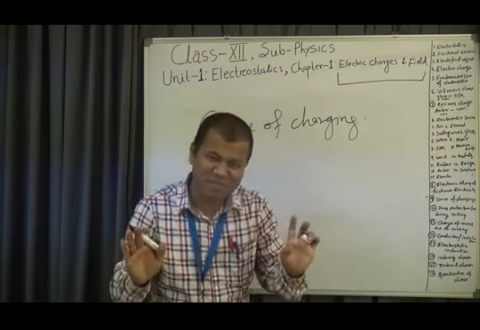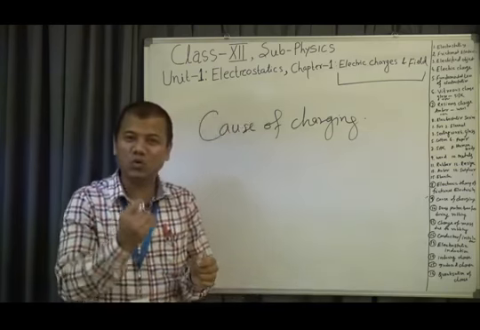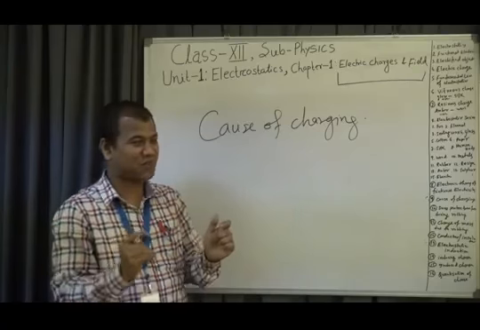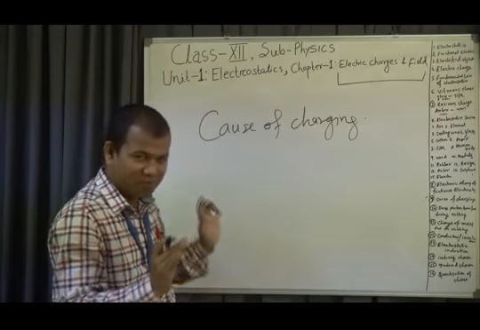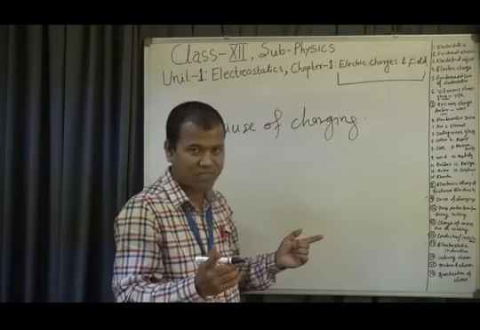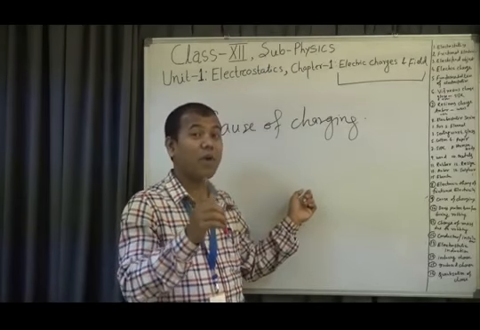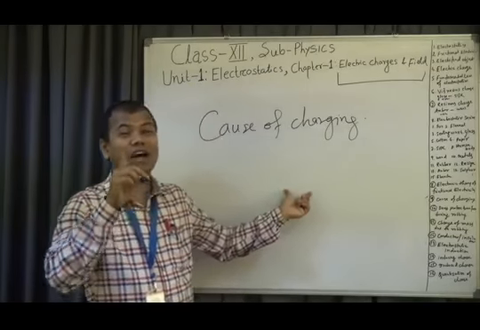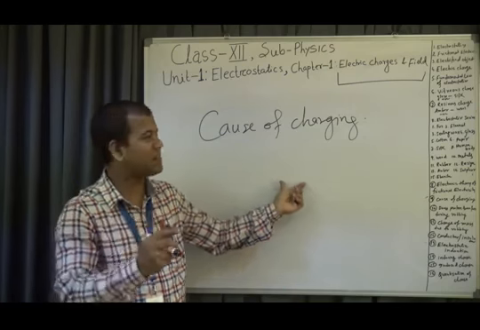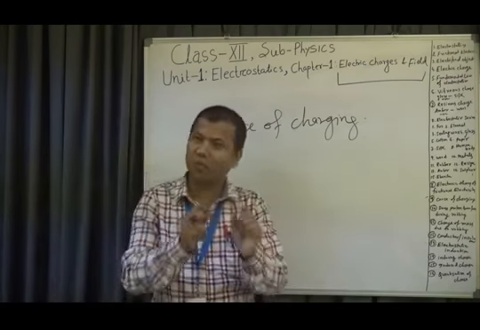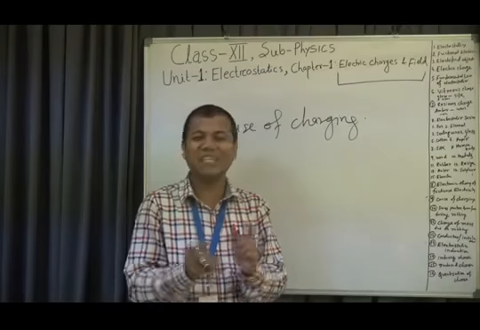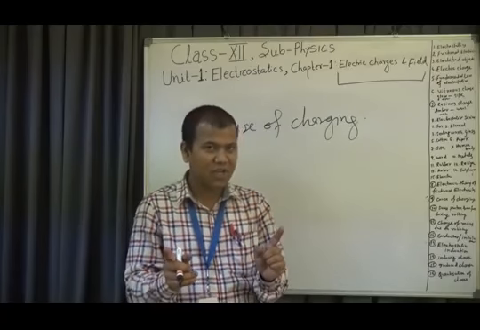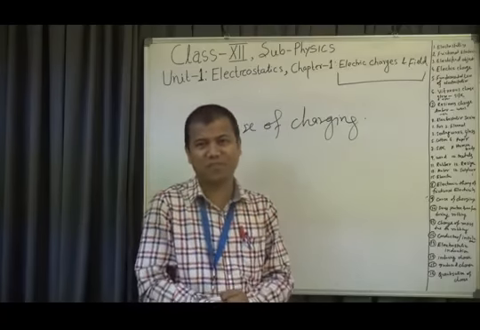Nothing else. So whenever any object is rubbed with another object, like I told, when you rub a glass rod with silk cloth, the glass rod will acquire positive charge and the silk cloth will acquire negative charge. Now the question arises, why are they charged?